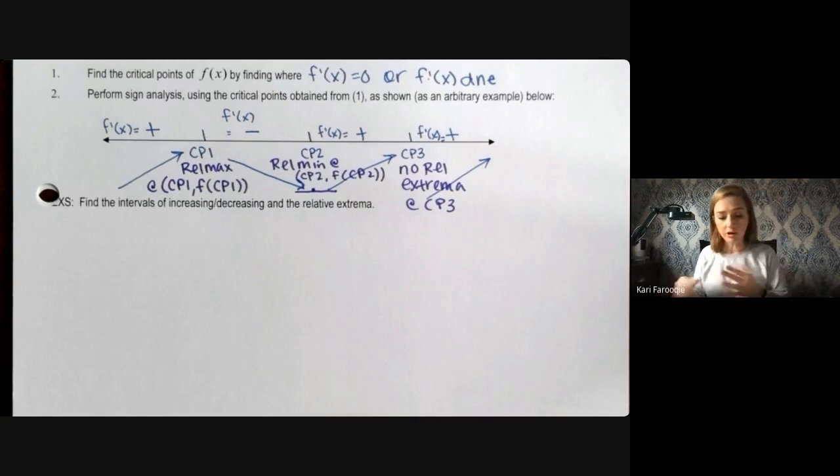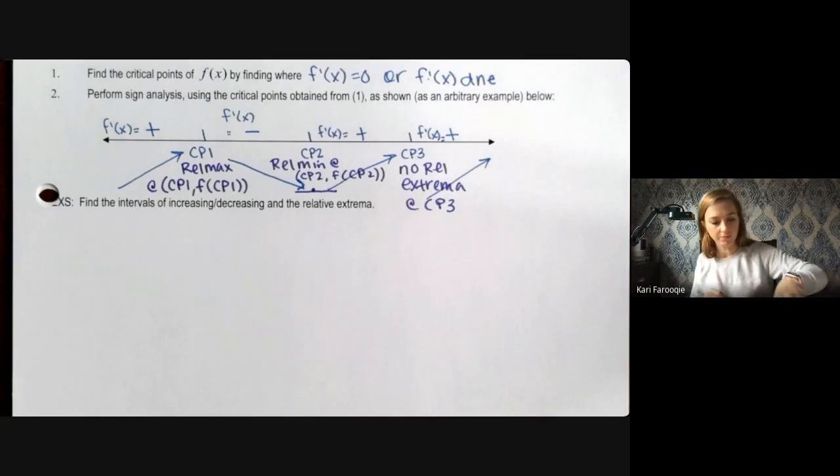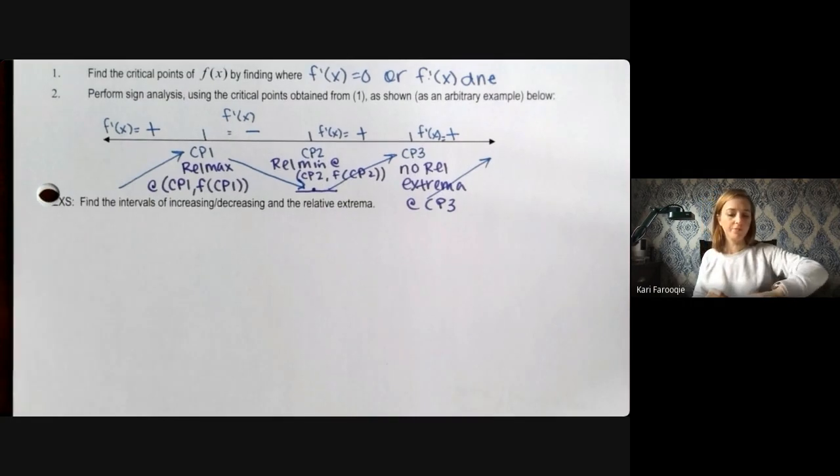So here's the meat and potatoes of this. Find the intervals of increasing and decreasing and the relative extrema. So we're going to go ahead and look at a function. In this case, I'm going to give you a polynomial function. Trying to figure out what color I want to be married to for the next several minutes. This one.